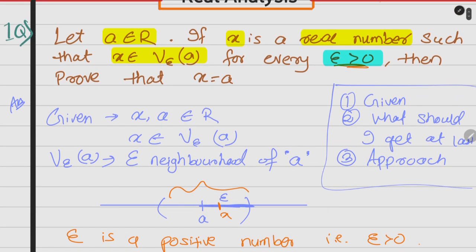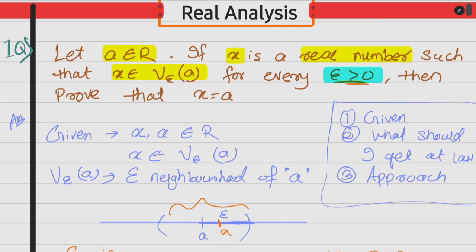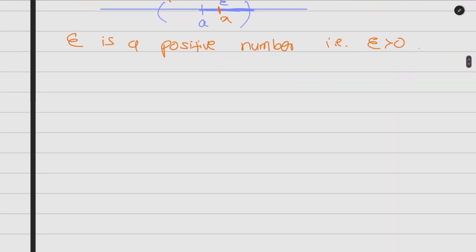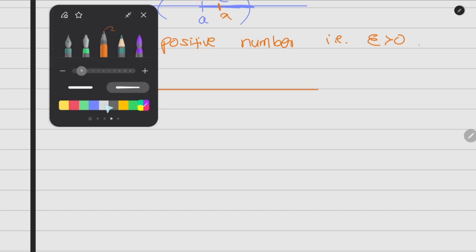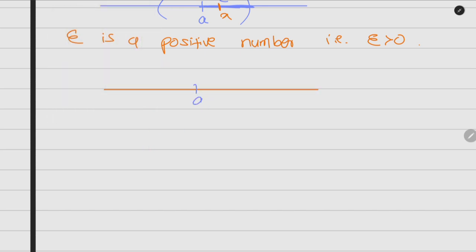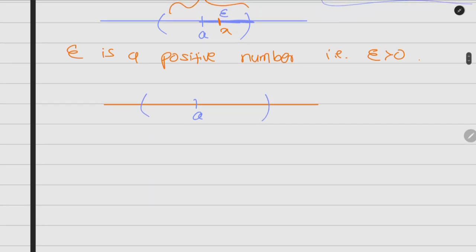Now we will understand what the question says. The question says for every epsilon greater than 0, in the neighborhood of A, we can choose an X. So we have to choose an X. Let's take a number line like this and choose a point A over here. This is the epsilon neighborhood.